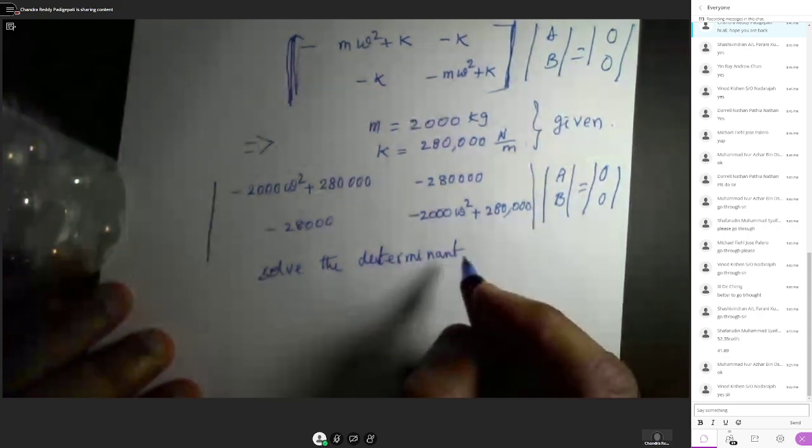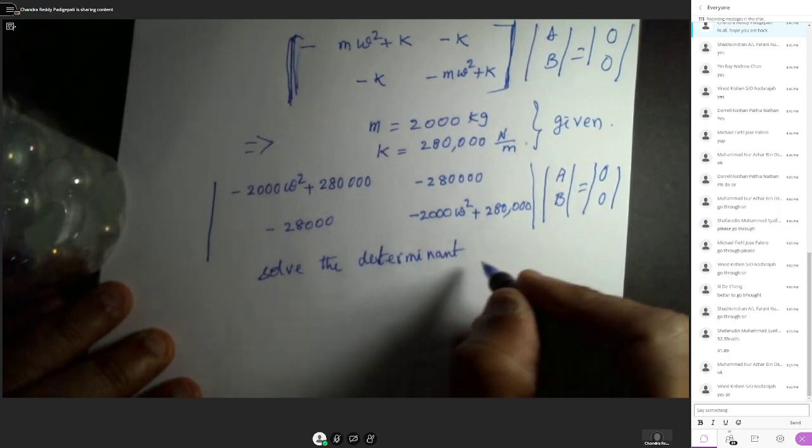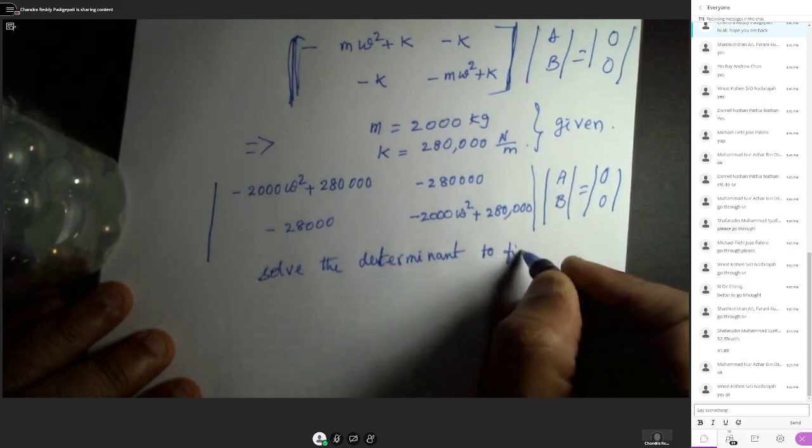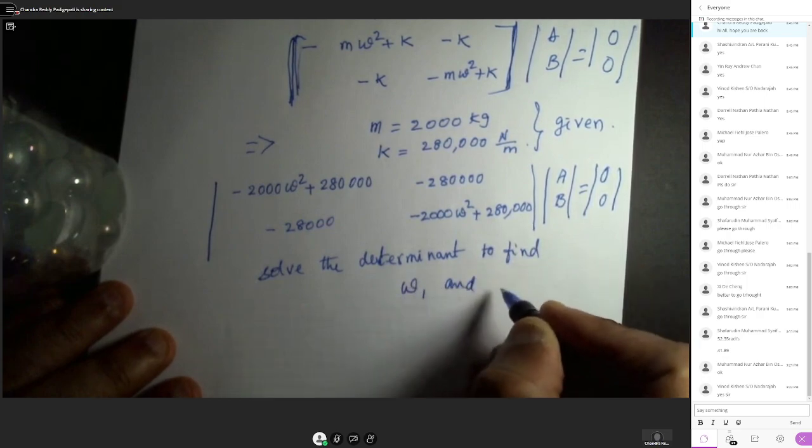You get a quadratic equation to find the two frequencies, omega 1 and omega 2.